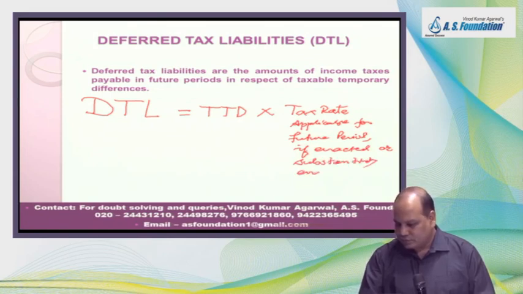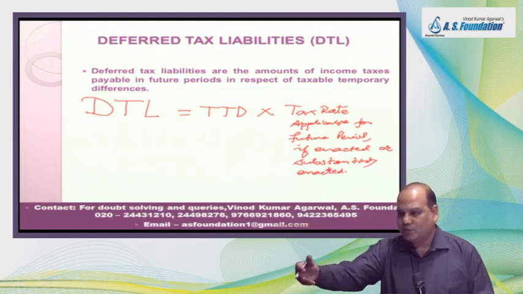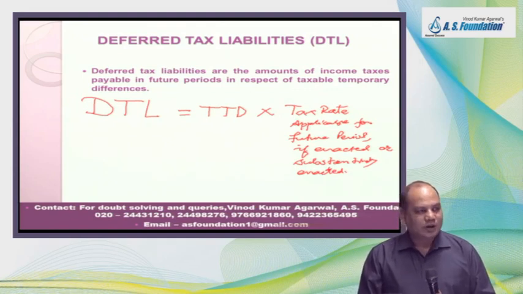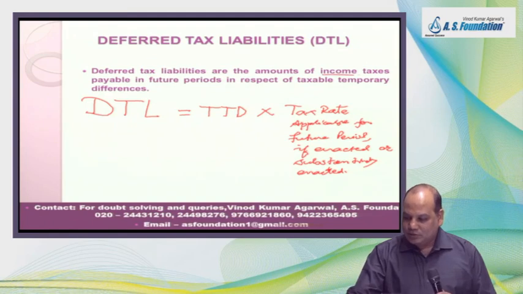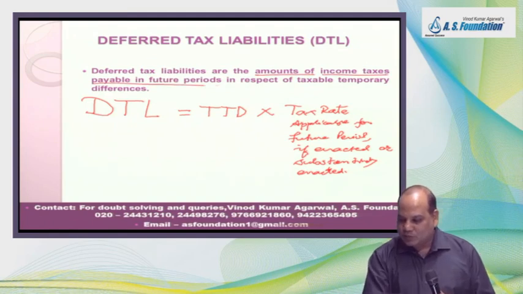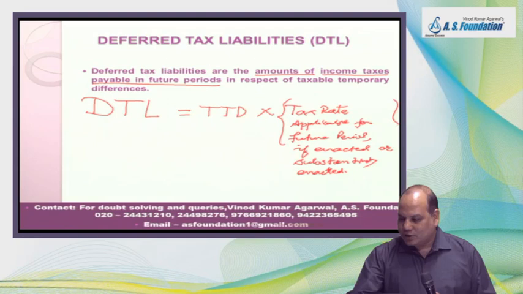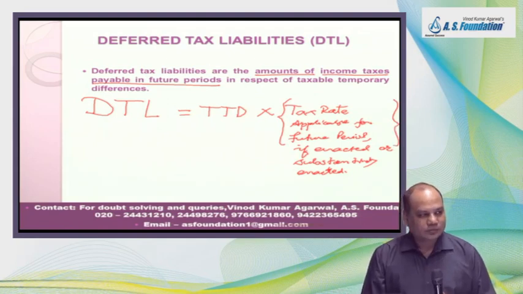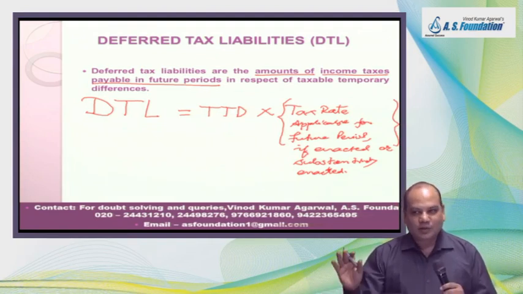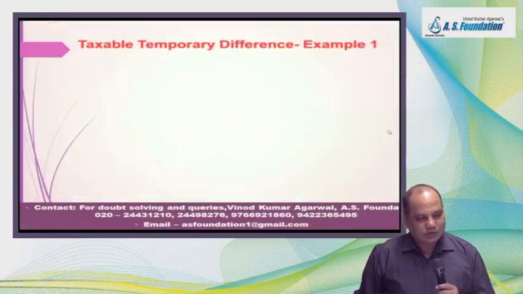If I know what tax rate is applicable to future period, that rate I will take, because deferred tax liability is the amount of income tax payable in future period. So the standard says it is better you take the next year tax rate if that is known at the end of the reporting period. Of course, if it is not available, then you take the tax rate applicable for that particular financial year only.